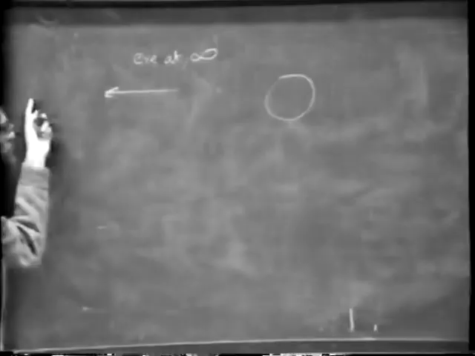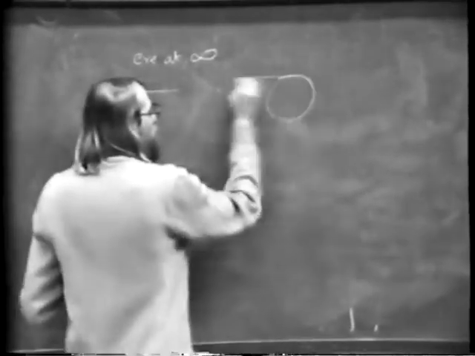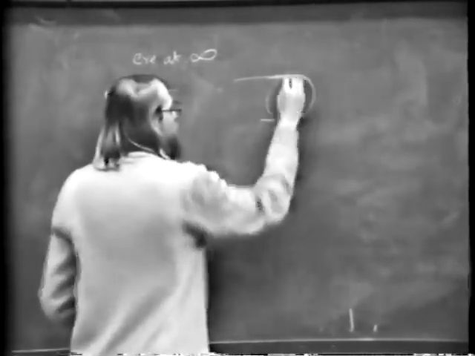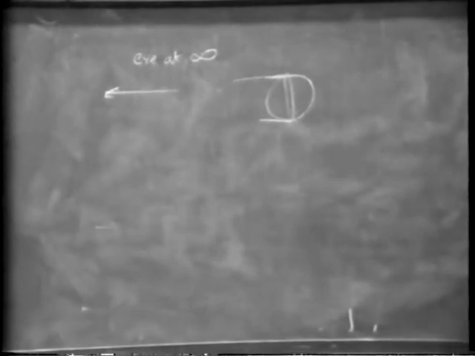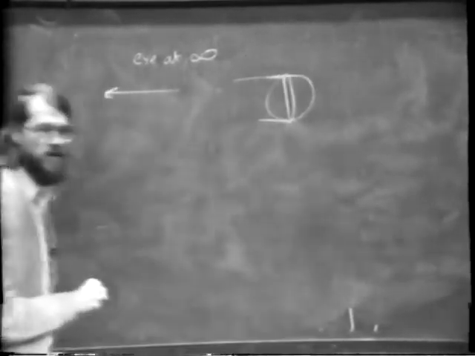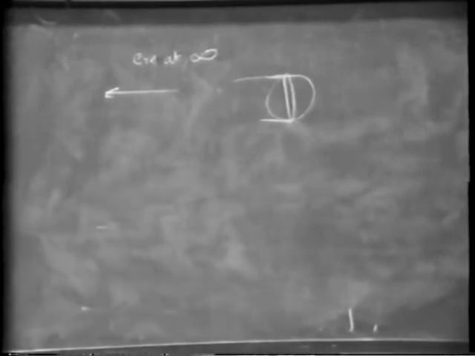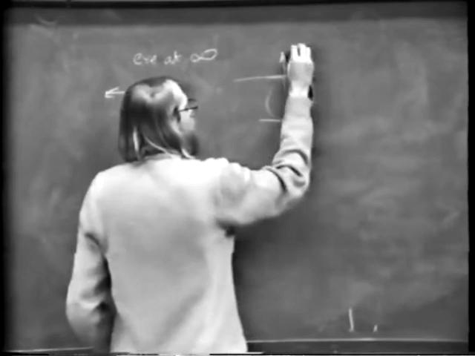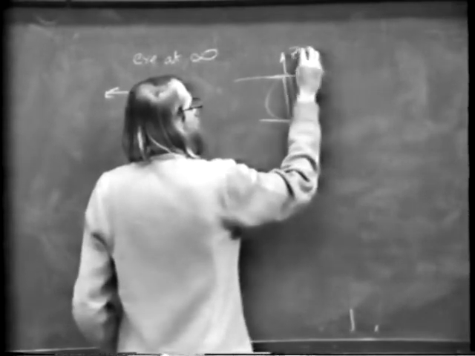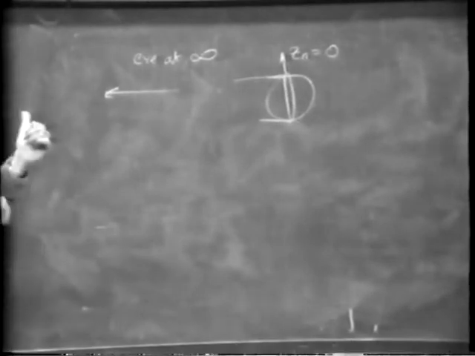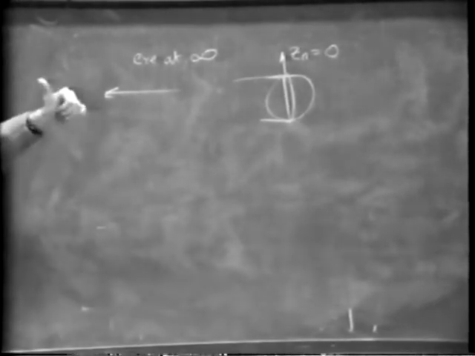The eye is now out here at infinity, and so what we'd like to do is kind of find the outline of this thing that is going to be the silhouette outline of this thing as seen from the eye. Silhouette outline is defined by a place where the z component of the normal vector is equal to 0, right? Pointing perpendicular to the line of sight.